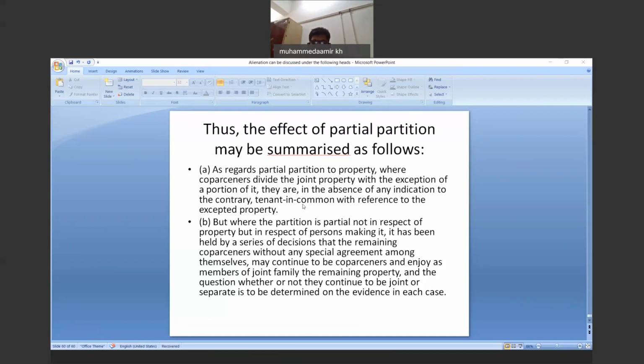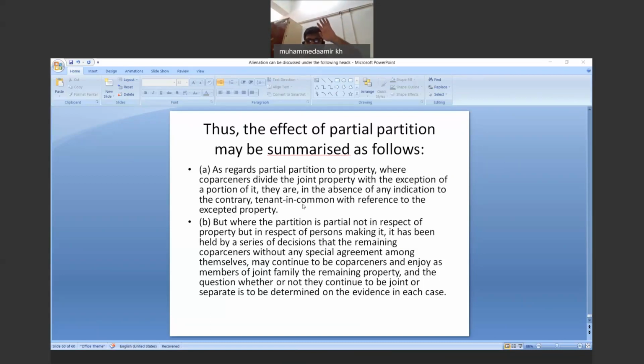So apart from it, when I try to conclude, the partition in its larger sense consists in a division in which the share of each co-partner with respect to all or any of the joint family property is fixed. Once shares are defined, the partition in the sense of severance of status or disruption of joint family status is complete.